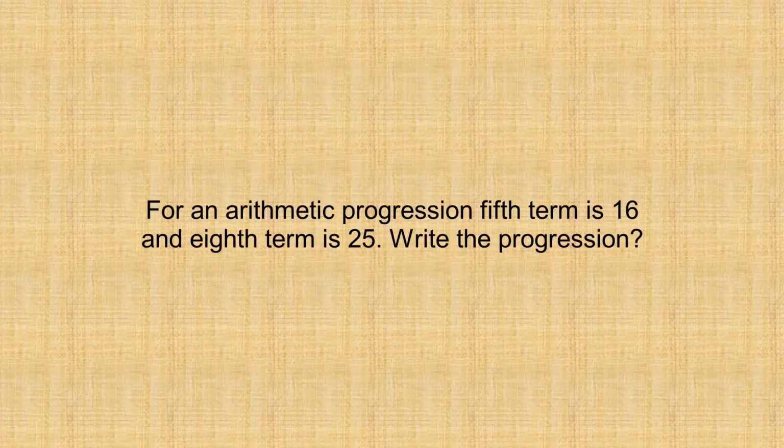So the question is, for an arithmetic progression, the fifth term is 16 and the eighth term is 25. Two terms are given, not in the beginning. In some positions, some terms are given, and the question is to find the progression. I shall repeat the question.